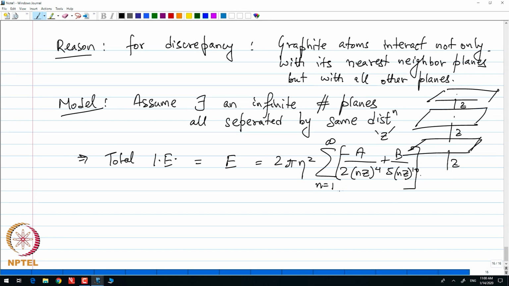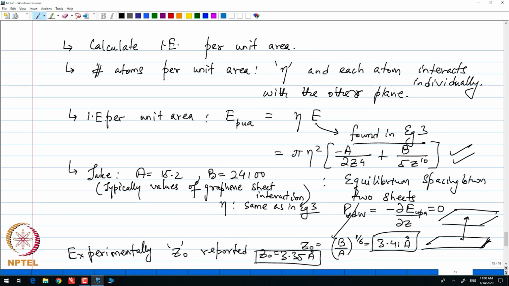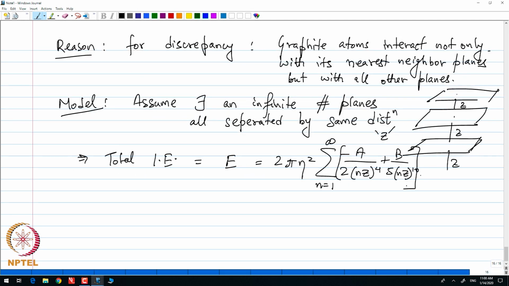Notice that we are summing up the same quantity that we had introduced in our previous expression, and now instead of z I have replaced by z, 2z, 3z and so on so forth, right. So, inside the sum I have the same expression at different distances, and outside I have also introduced a factor of 2, because each sheet interacts with the sheet above and below. So, the 2 is to take into account the sheet interaction above it and below it, otherwise we have to sum n from minus infinity to plus infinity, right.